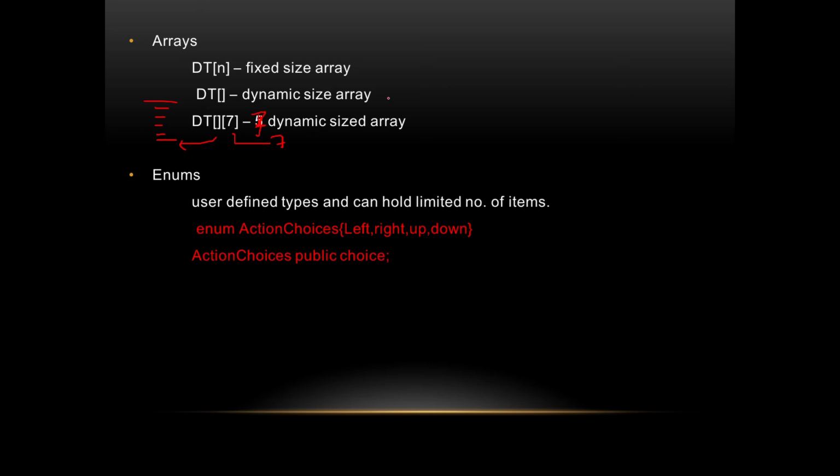And how to perform work on this? You just write the name, square brackets, the index. So if the array name is arr, square brackets, the index, you can put the index as 1, equal to some value, like let's say 3. Okay. What about the dynamic size array? The dynamic size array is accessed by dot push and dot pop.